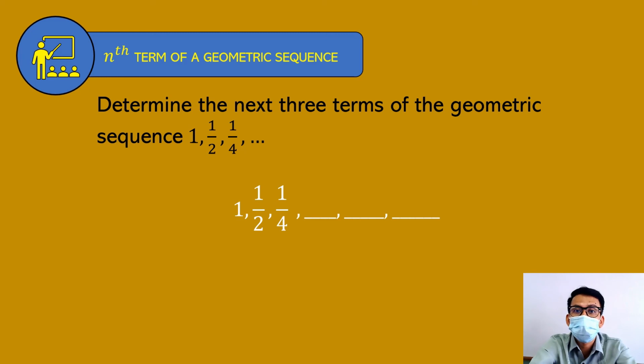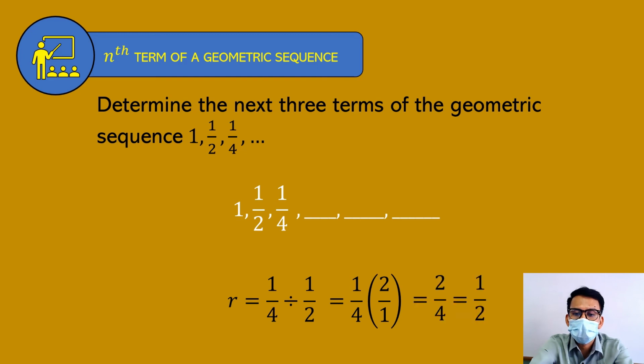So we need to solve r to get the next 3 terms. Again, r is equal to 1/4 divided by 1/2. So get the reciprocal of 1/2, that is 2 over 1. Then proceed to multiplication, that is 2 over 4, that is equal to 1/2. Therefore, r is equal to 1/2.